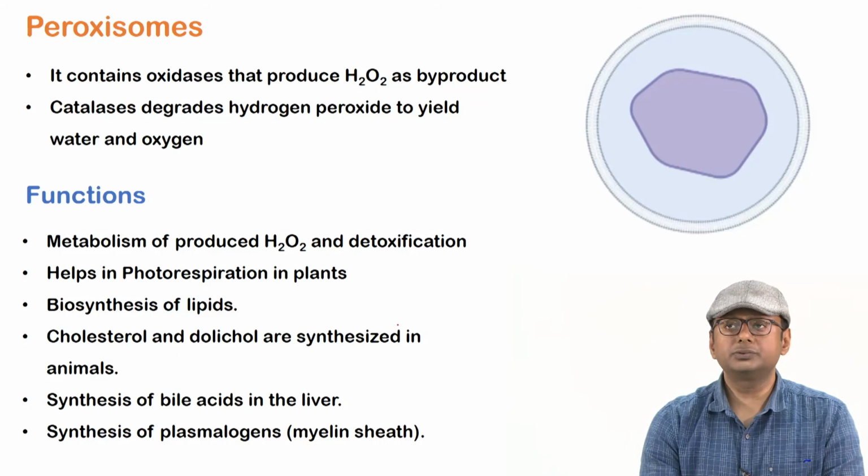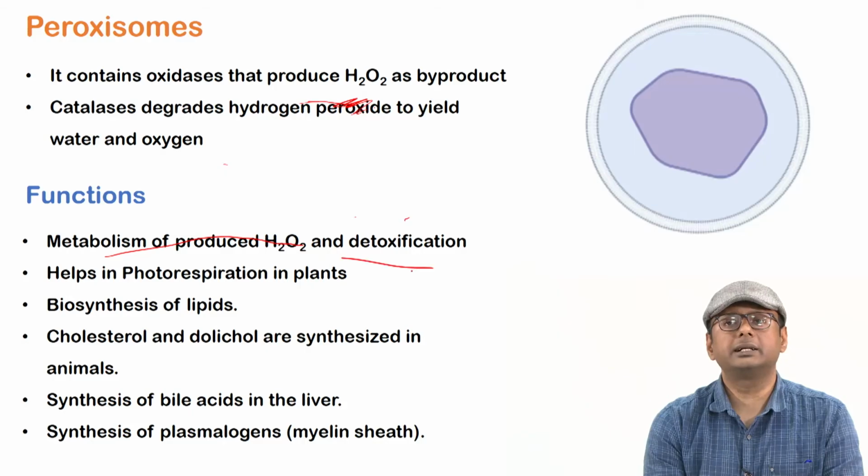Finally, peroxisomes. Peroxisome is also an important organelle inside of the cells. It contains oxidases that produce H2O2 as a byproduct, but oxidases are very important. Why? Because peroxisome helps in the metabolism of the produced hydrogen peroxide and detoxification.